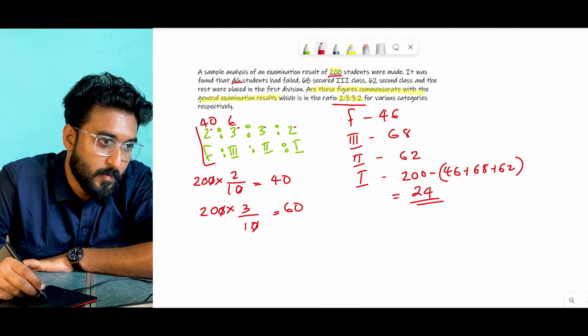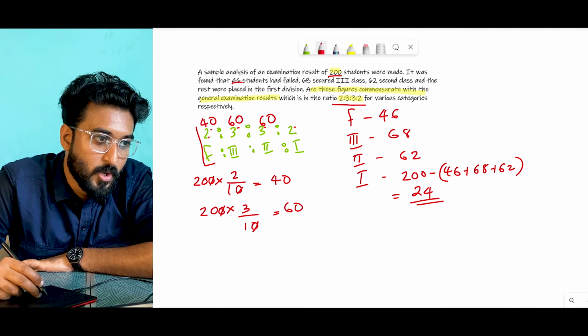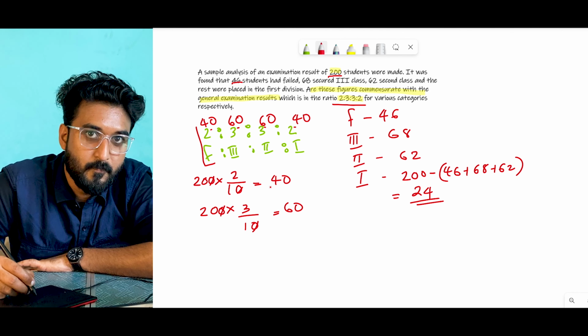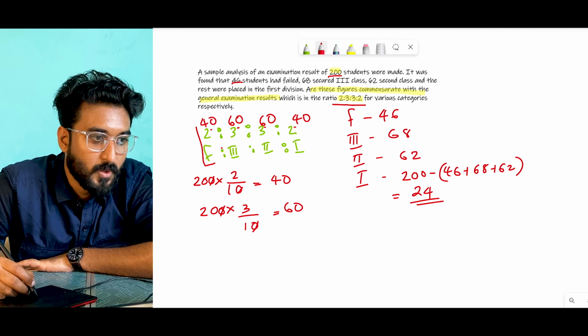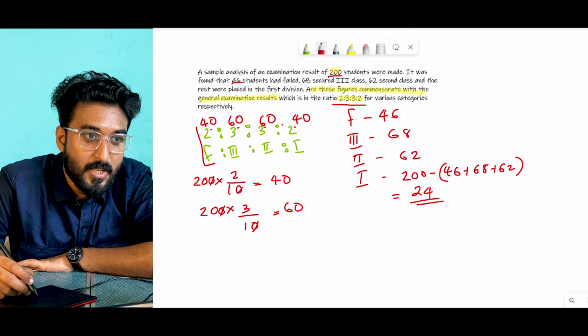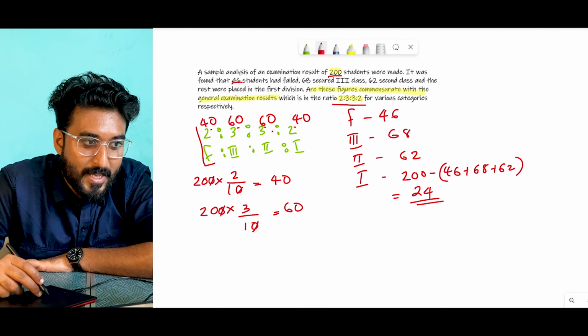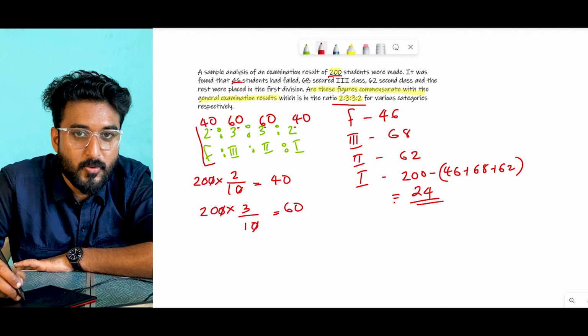For second class it is also 3, so this value is also 60. For first class it is 2, the same as failed, so we get 40. So these 40, 60, 60 and 40 are the expected frequencies. Now we have both the expected frequencies and the observed frequencies.